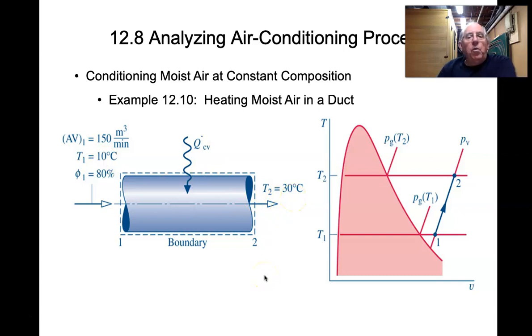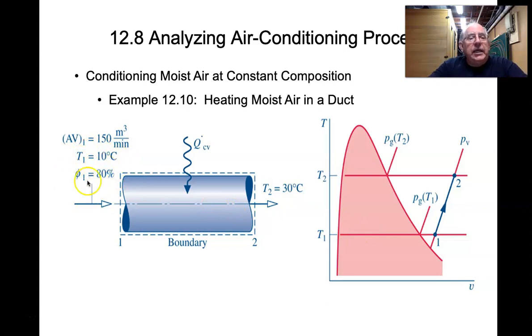So now if we wanted to look at this particular process dealing with the moisture in the mixture, we can look at a T-v diagram for the water vapor, and we could identify the thermodynamic state of the vapor at the initial condition.